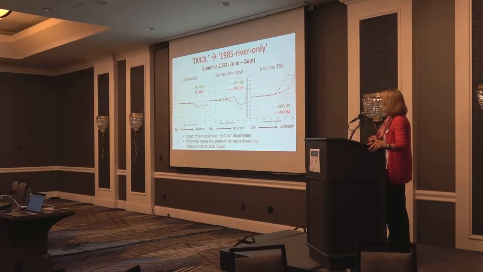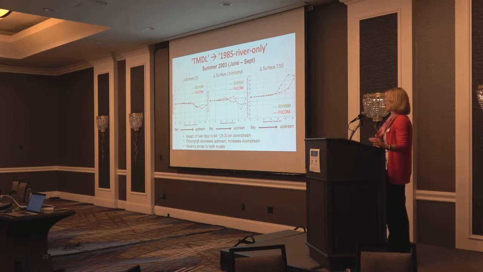So here you can see if we go back to the 1985 conditions in the rivers, as we would expect, DO decreases quite a bit, and TSS increases quite a bit. So just as we expect. And the interesting thing here is to look at how far downstream these effects were felt. Essentially they were felt about 25 or 30 kilometers downstream, but these changes didn't impact the lower Chester at all.